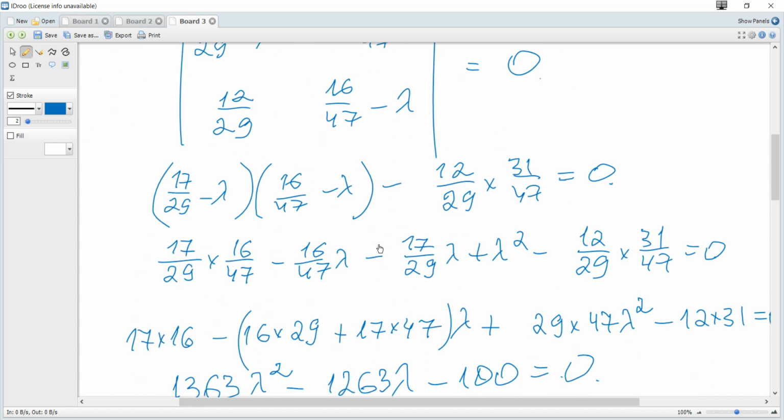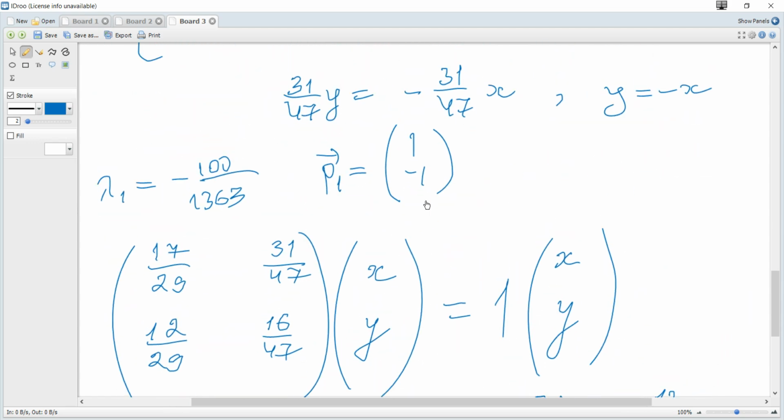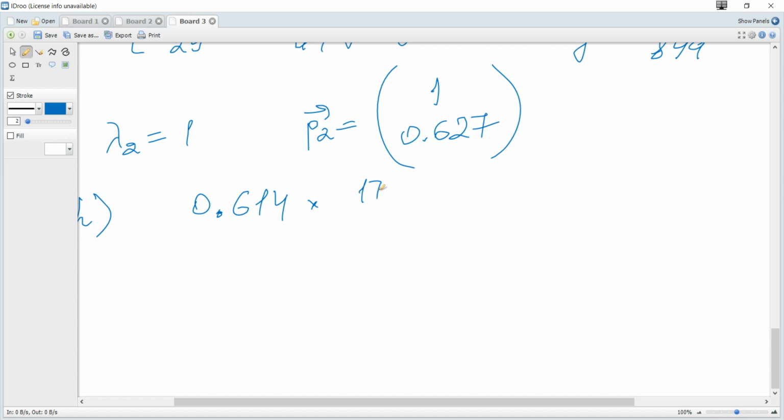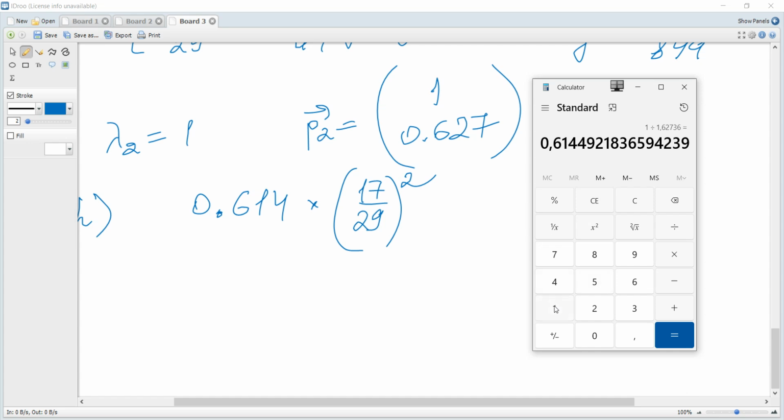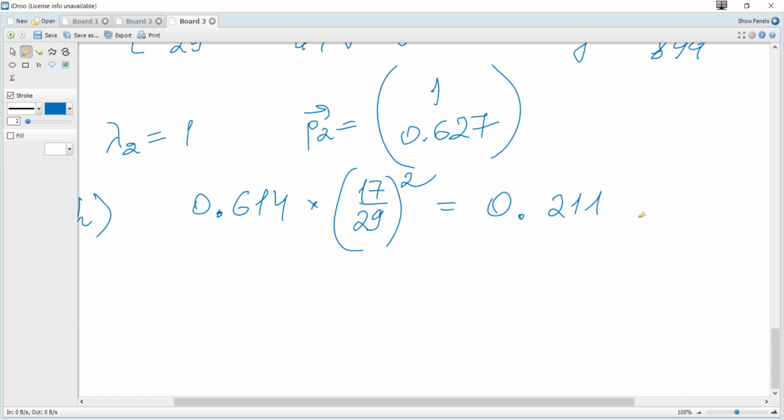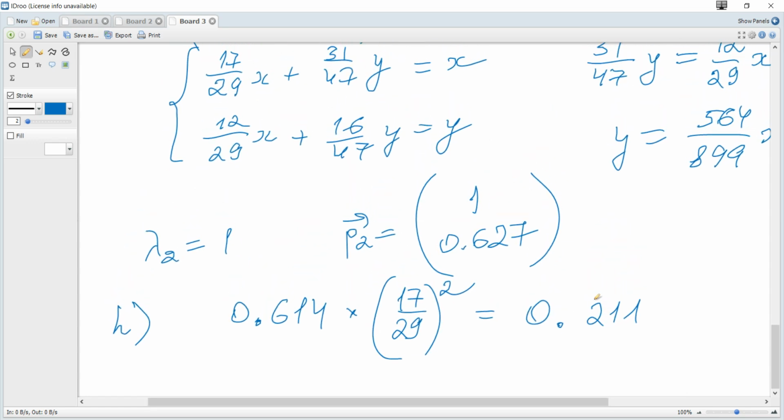It's what, 17 over 29 squared, or as decimal, 0.5862, and it becomes 0.211 to 3 significant figures. And that's all for this question.